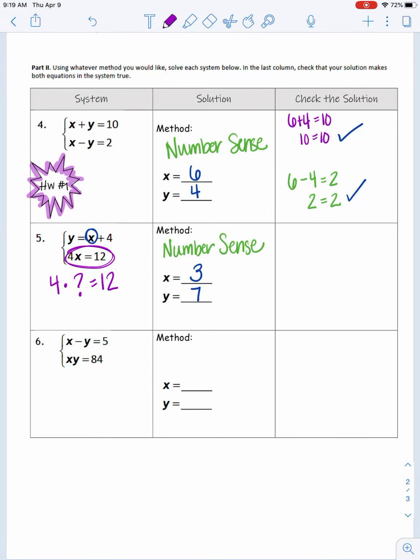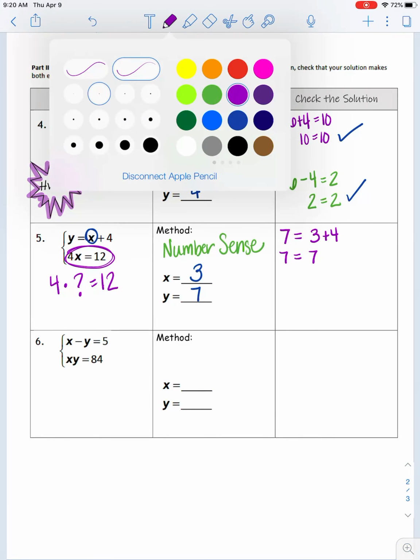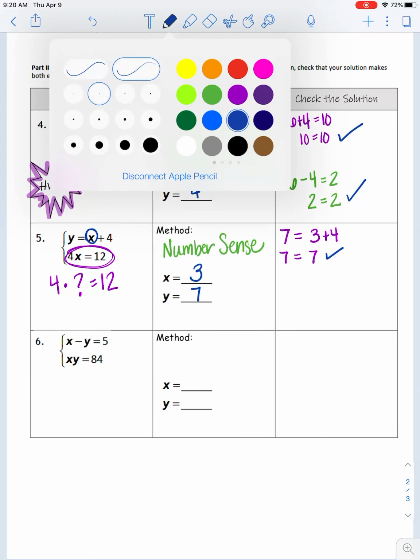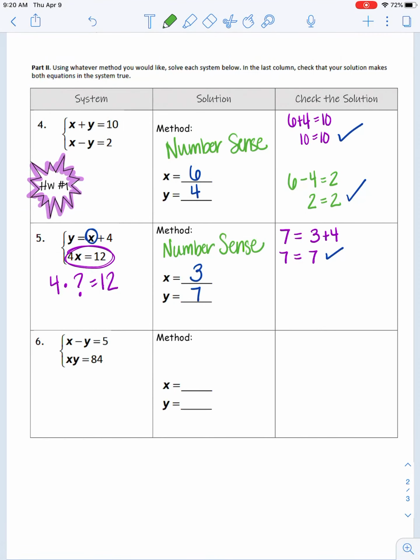We just have one more thing to do, which is to check our solution. So we need to make sure that if I plug 7 in for y and 3 in for x, I get a true statement. And I do, because 3 plus 4 is 7. But remember, if it is a solution, it has to work in both equations.